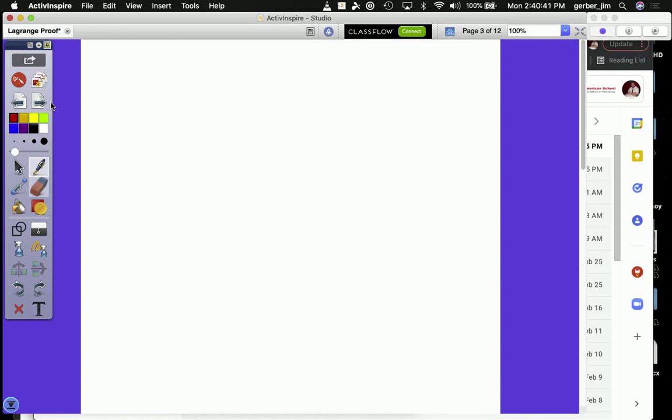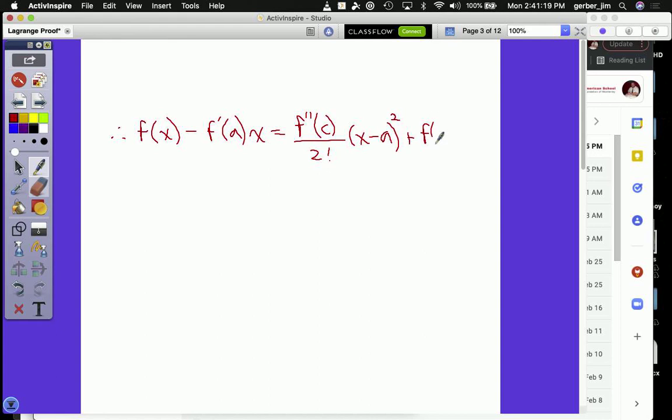When I do that substitution, I'm going to be left with f at x minus f prime at a times a, no, sorry, f prime at x times x equaling f double prime at c over 2 factorial times x minus a squared plus my k, which is now f at a minus a times f prime at a.